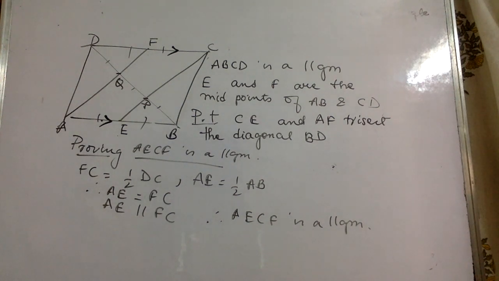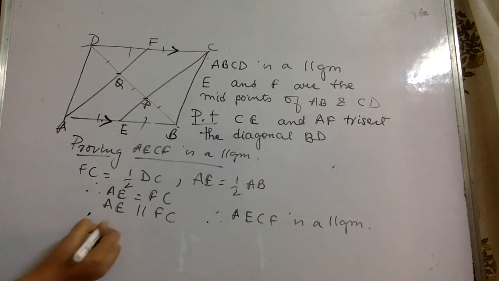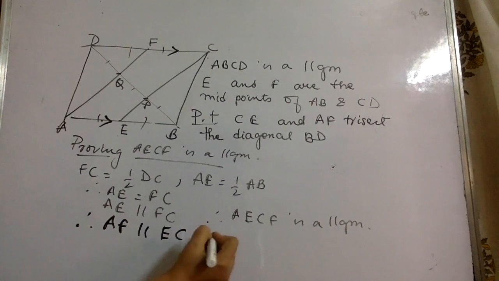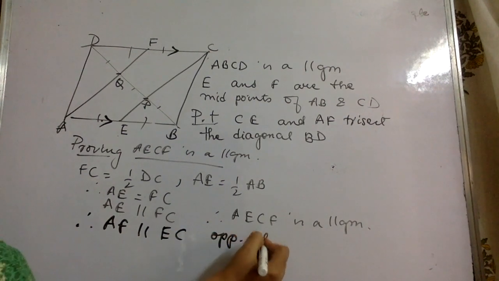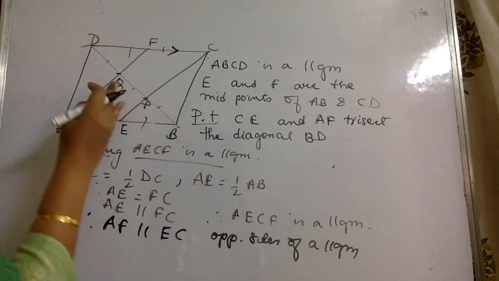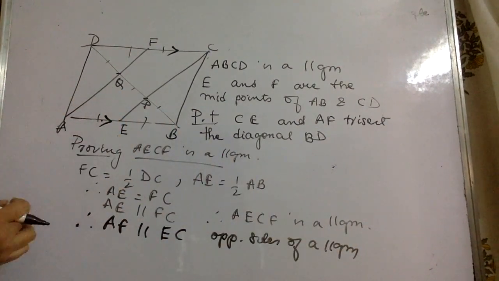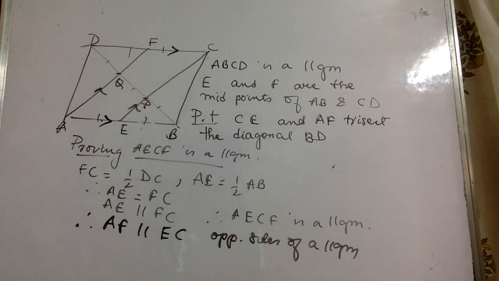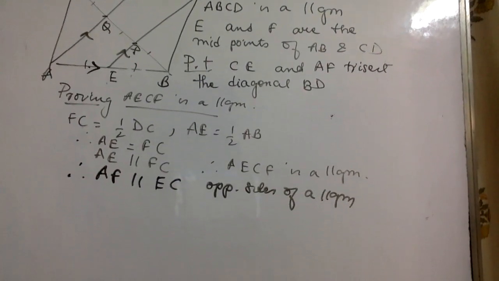Now, therefore, AF is parallel to EC, opposite sides of a parallelogram. Since we have already proved this is a parallelogram, now we can say this. So these two lines become parallel. Now we are going to take advantage of that. So how do we work on it?